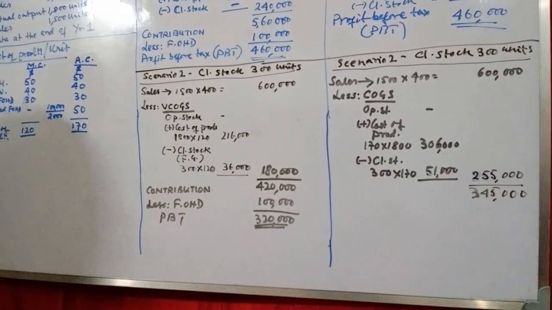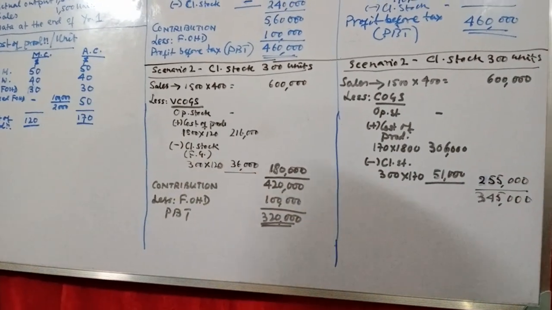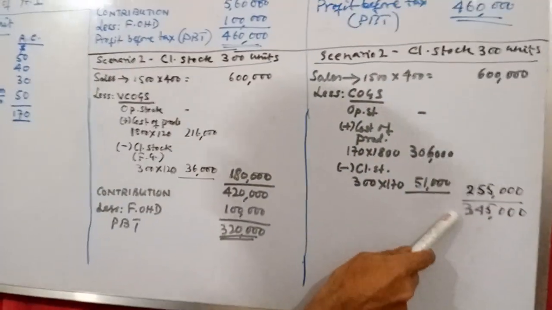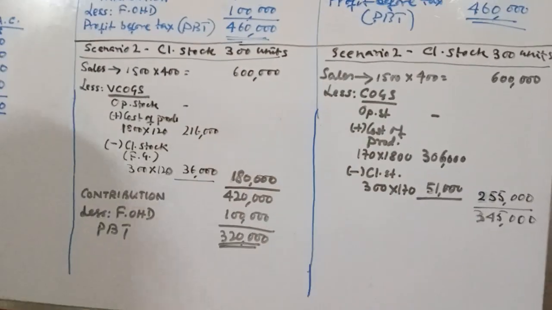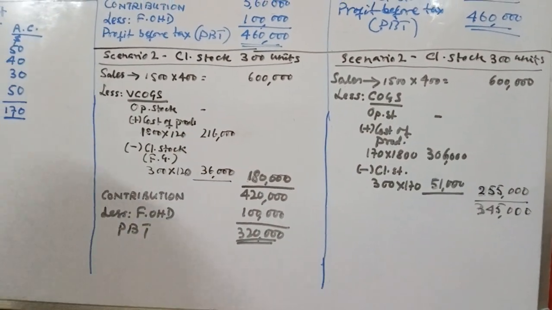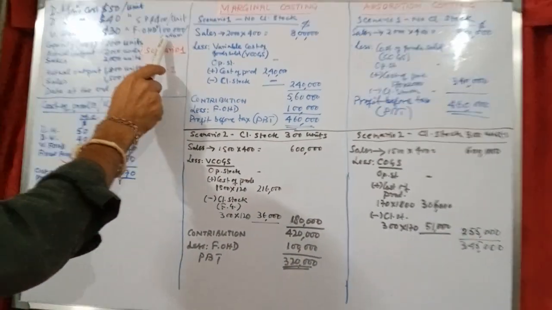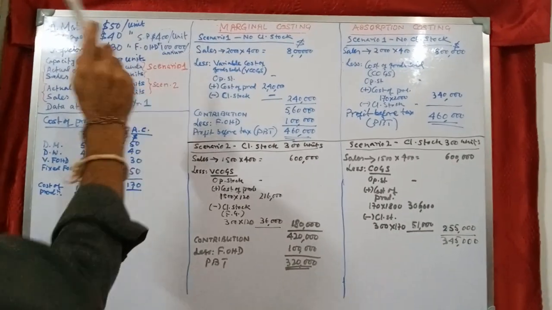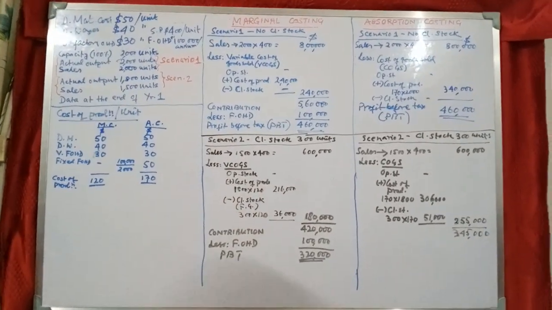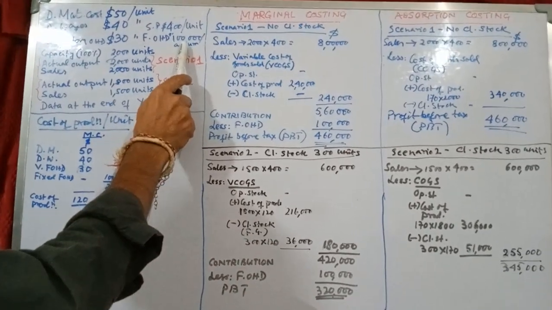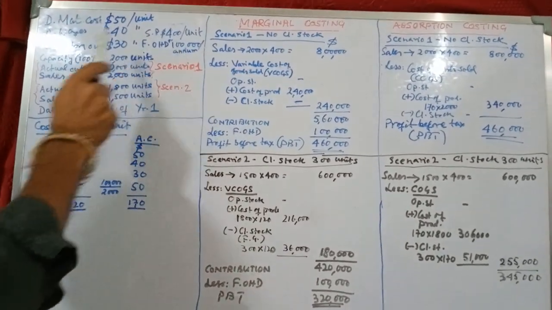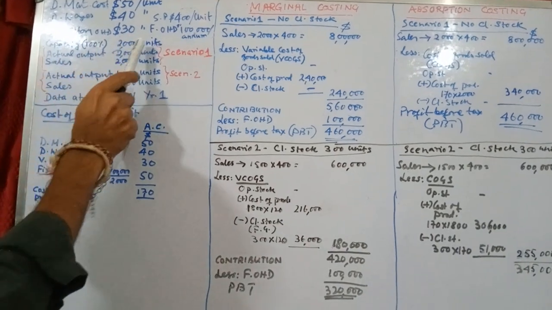Now be very careful. This is not our profit before tax. Why? You see, fixed overhead is 100,000. And remember, fixed overheads are fixed according to the installed capacity.